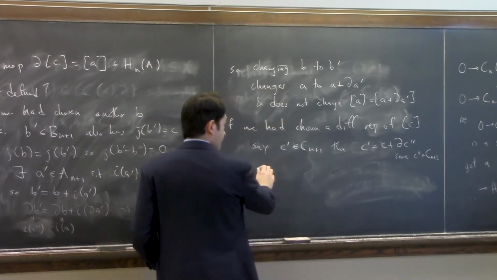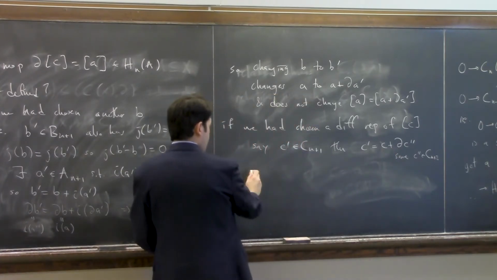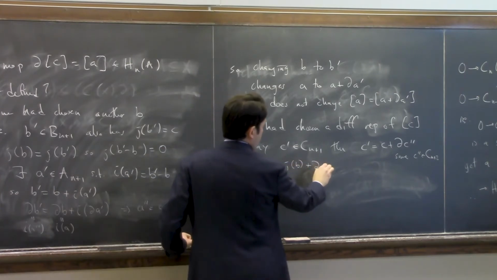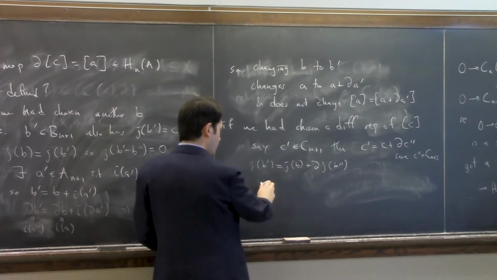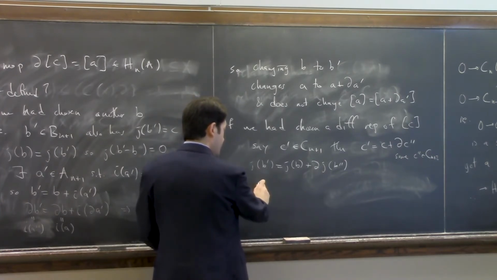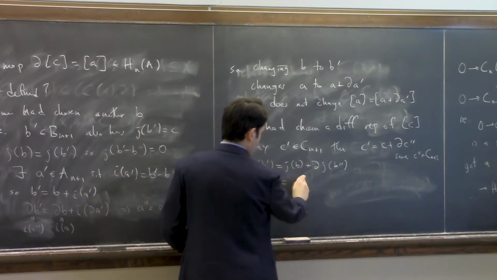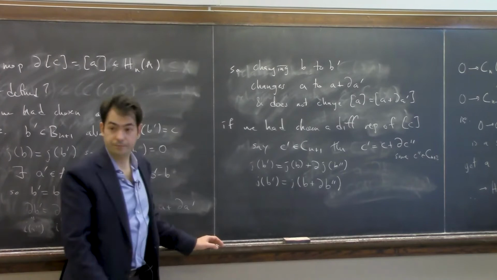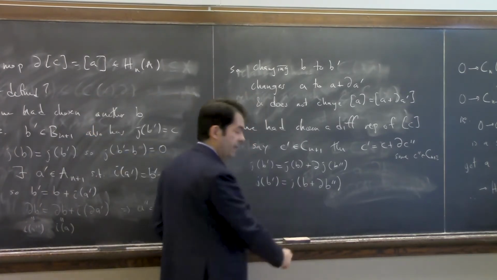Okay. So J is surjective, so I can write each of them as J of something. So J of B prime is equal to J of B plus boundary J of B double prime, so J of B prime is equal to J of B plus boundary B double prime. So this corresponds to just changing B by adding a boundary.